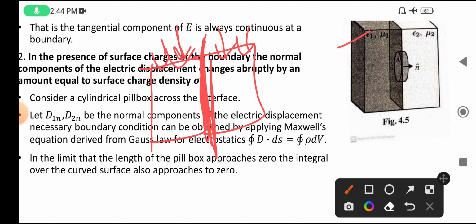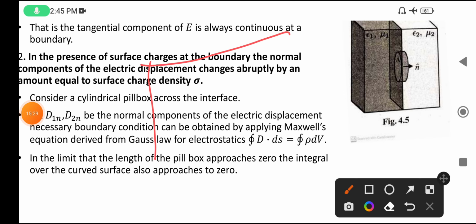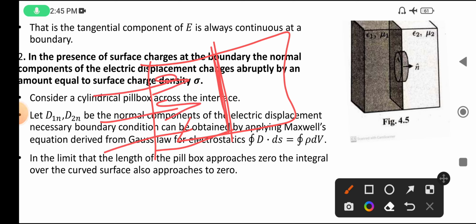Now which field do we take? Normal field means perpendicular field, so the field will come like this. It is perpendicular to the boundary, and a field perpendicular to the boundary we call the normal field.